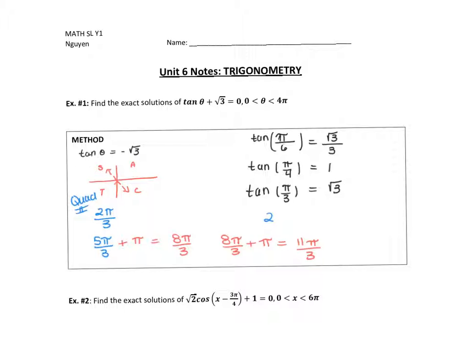So you've got 2 pi over 3, 5 pi over 3, 8 pi over 3, 11 pi over 3. Do we have any questions about how you are expected to complete these problems?